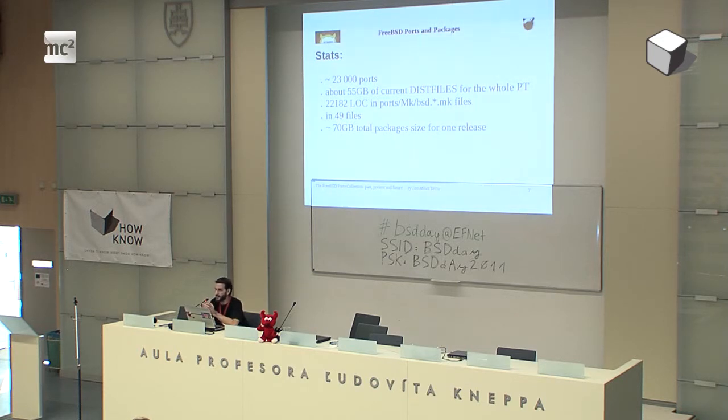It's very easy. If I have to port a new application, I'm probably gonna look at something similar. Let's say it's a Qt application. I'm gonna take a Qt port and copy it in some place and then start modifying that. I won't start by just fetching the dist file from the vendor, extracting and starting to do everything on the command line, because it doesn't make sense.